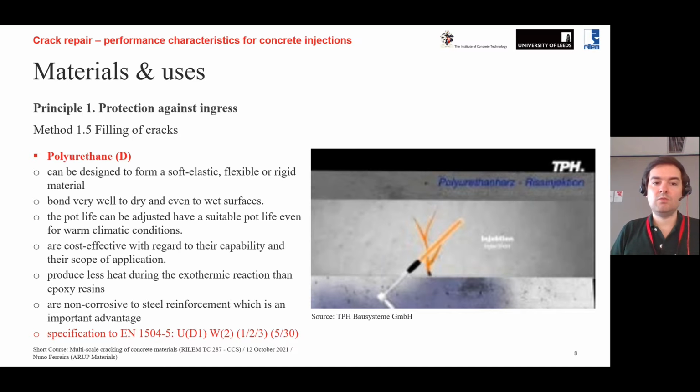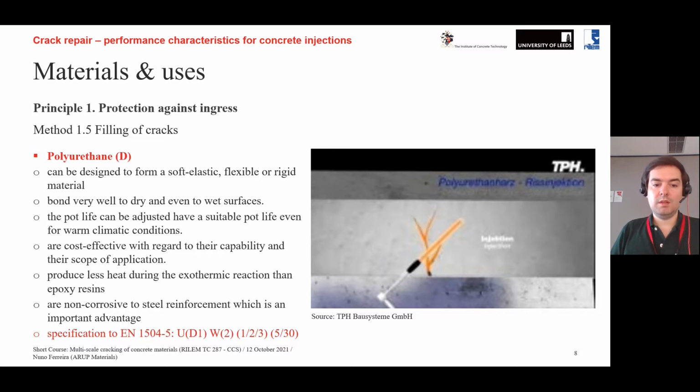They bond very well to dry and even wet surfaces. So if your objective as a consultant, providing advice to a project, is to recommend something that prevents water ingress, polyurethane will be the go-to choice. It's also cost effective, it produces less heat, and it's not corrosive to steel reinforcement.